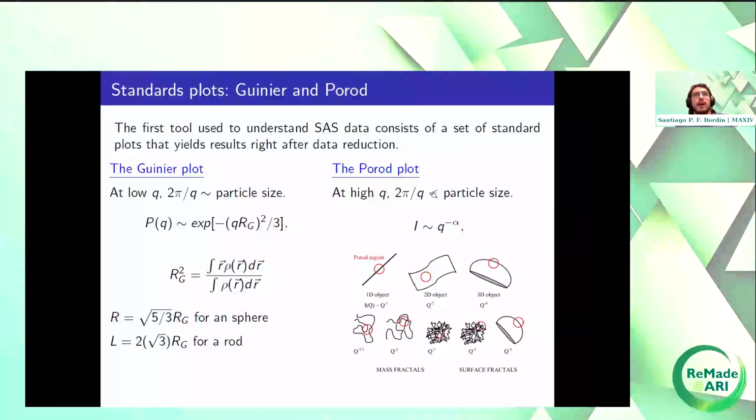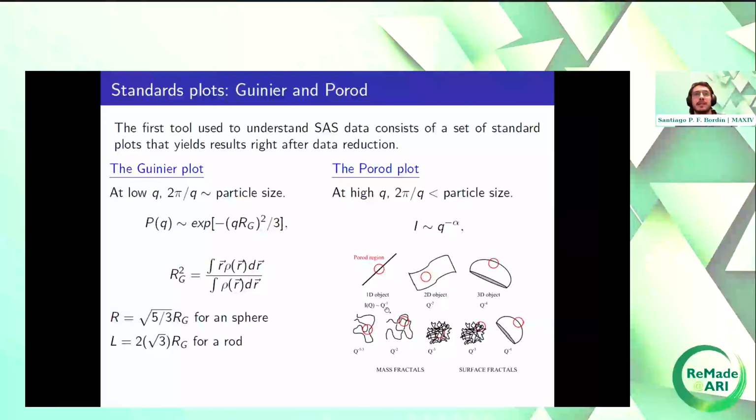If we move to high Q values, we can use the Porod plot, where the particle size is bigger than 2π over q. Here, the intensity of the scattering follows a power law function, and this exponent gives us information about the dimension of our sample.